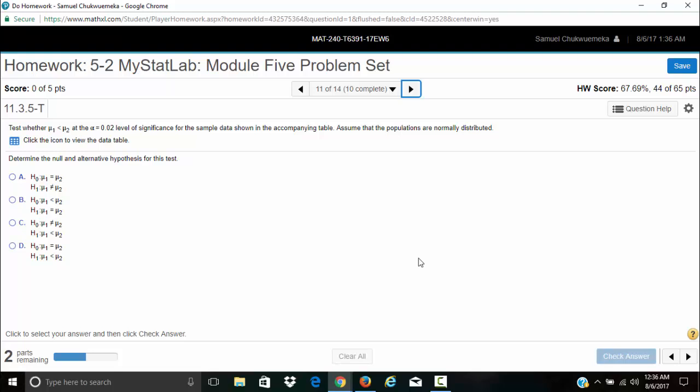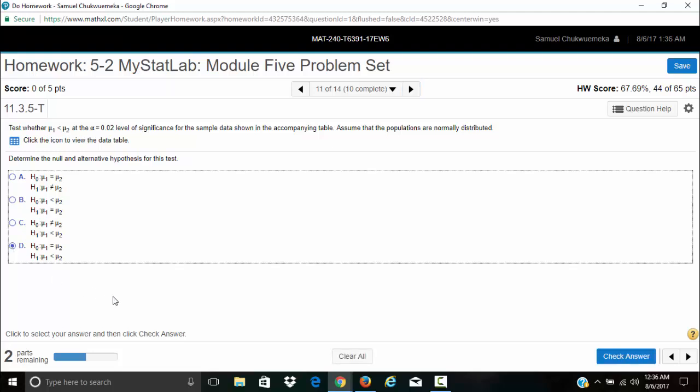For the sample data shown in the table, assume the populations are normally distributed. So the null, of course, is that mu1 is equal to mu2. The alternative is that mu1 is less than mu2. So this is one-tailed, left-tailed. So the option here will be D.